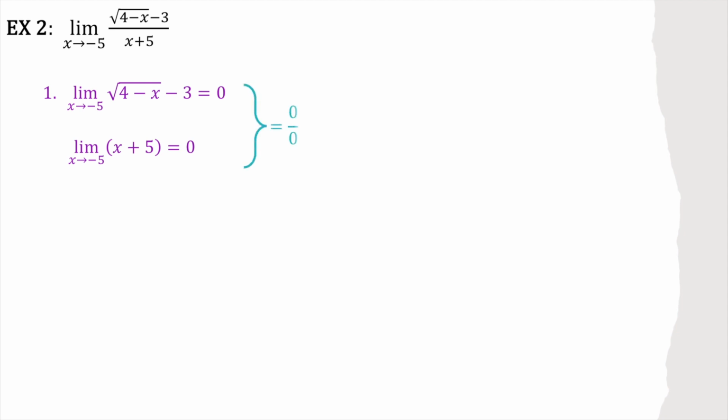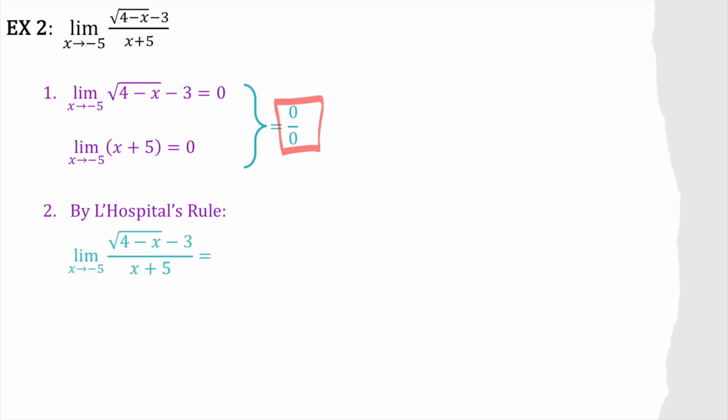And then let's show the reader that we have indeterminate form. Now we tell the reader, I'm going to use L'Hopital's rule. So we rewrite the original function, and then we'll rewrite it again with the derivative of the top over the derivative of the bottom.